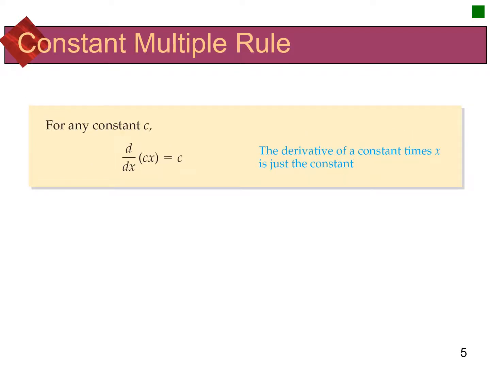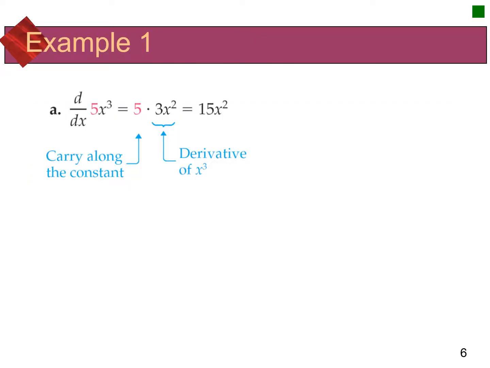And again, if I have a constant times x raised to the first power, the derivative of that's just going to be that coefficient. So for instance here, if I do a derivative of 5x to the third power, the 5 just sticks around because it's carrying along a constant coefficient.